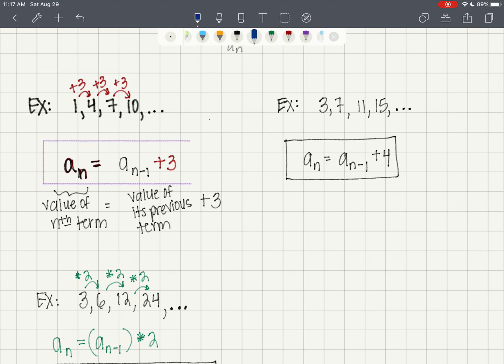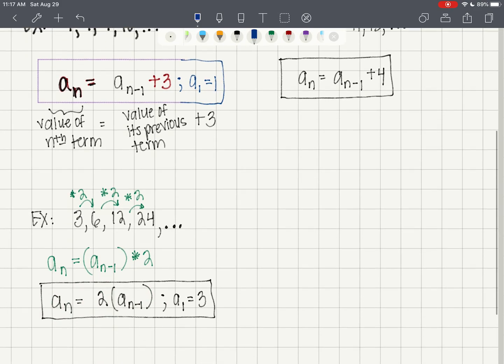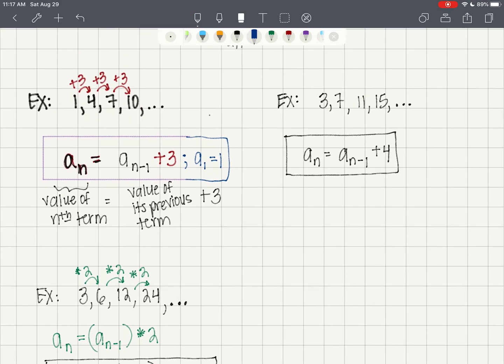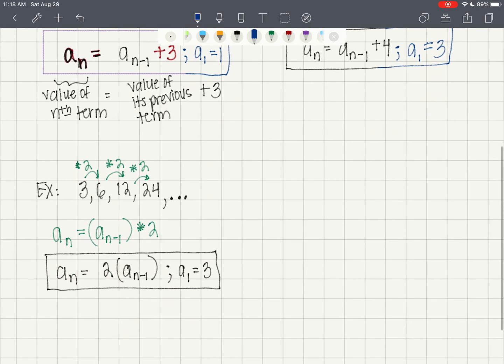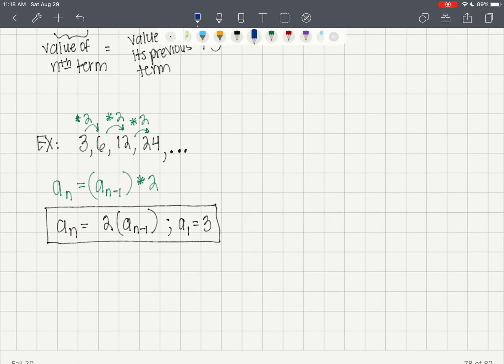Well, for the earlier example we had an initial condition that the first term is equal to 1. And what was our initial condition here? Our initial condition here is the first term was equal to 3. So that's our recursive formula.